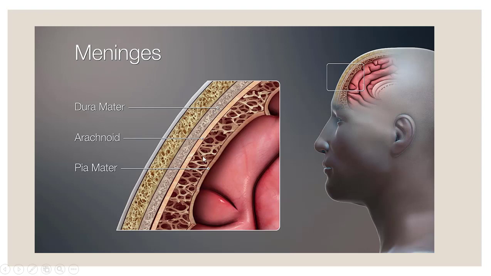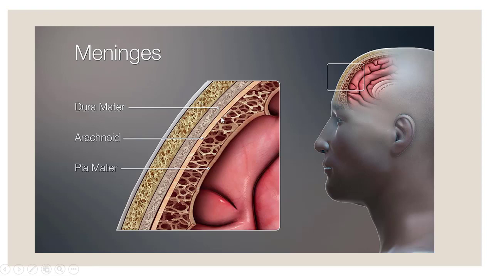The pia mater, like we said, is on the inside and it is stuck to the brain. The dura mater is on the outside and it lines the skull.